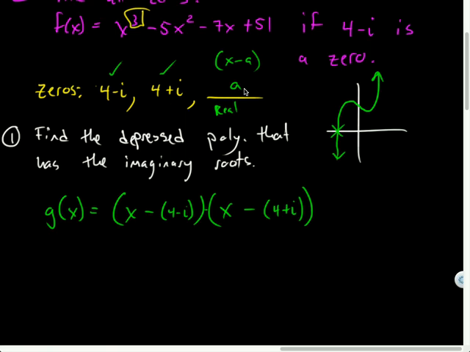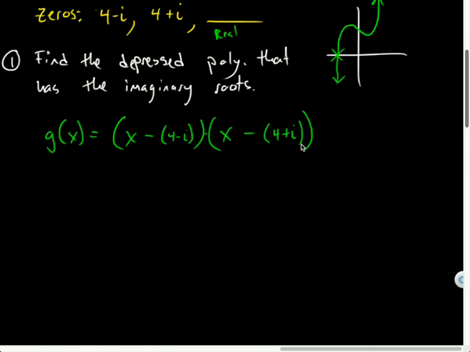So it's kind of a lot of concepts pulling together here. So we'll walk through it, and hopefully we'll be okay. In this current form, this isn't very helpful to us, so let's distribute these minus signs. So I'll have x minus 4 plus i and x minus 4 minus i.